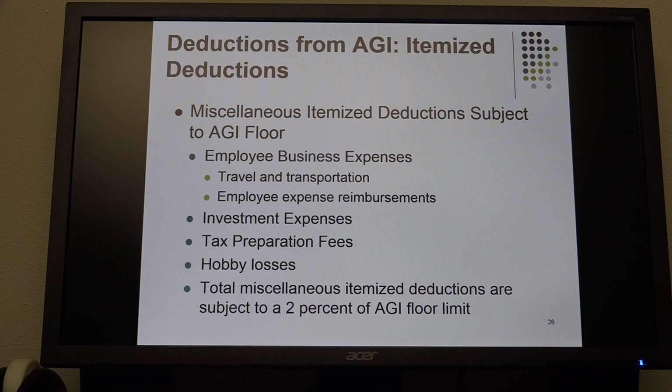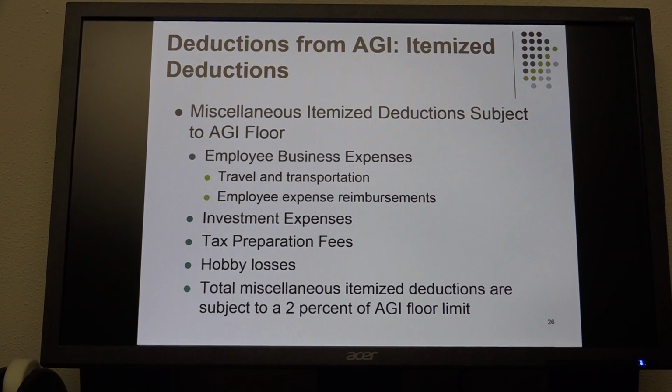And if you're self-employed, that would be a Schedule C type thing. But again, if the motivation is personal enjoyment and you have losses from this activity, you're going to be limited in the amount of losses you can deduct.